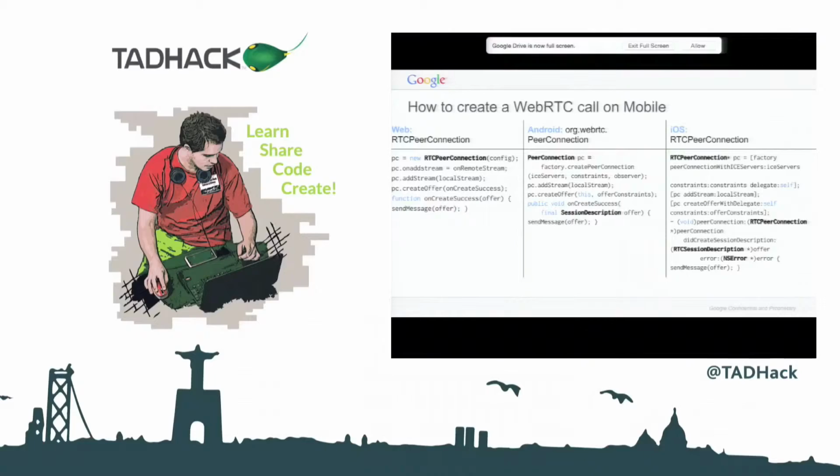So we work hard to bring WebRTC to mobile. The RTC peer connection that you have inside of the web becomes a peer connection class in Android. And in iOS it's again an RTC peer connection. These are all the few lines of code that you need to create a communication session between two devices. And below it's the same stack, the same WebRTC libs providing the functionality with the codecs in there.